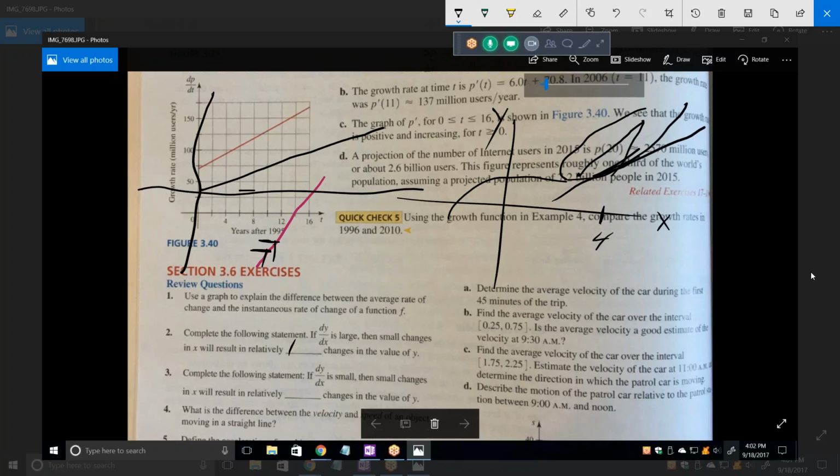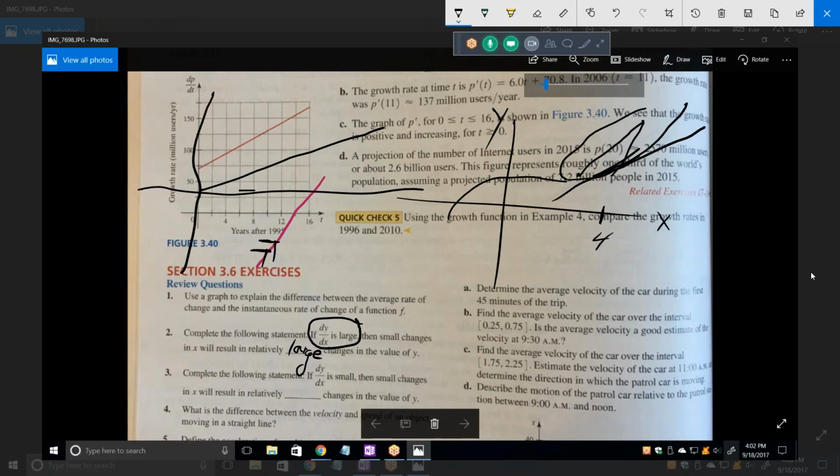So this would be large. And what that means precisely is a steep slope. Always remember dy/dx is the first derivative, and first derivative is the slope of the tangent line, and the slope of the tangent line is the instantaneous rate of change. All of those are equal to one another.